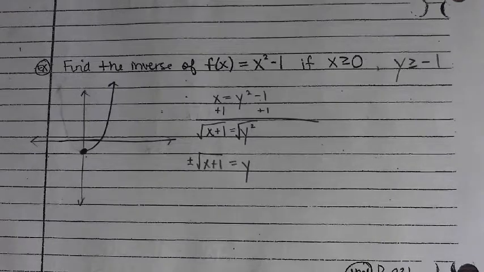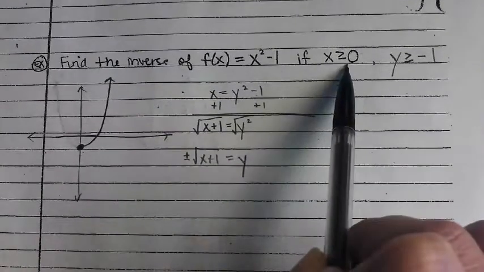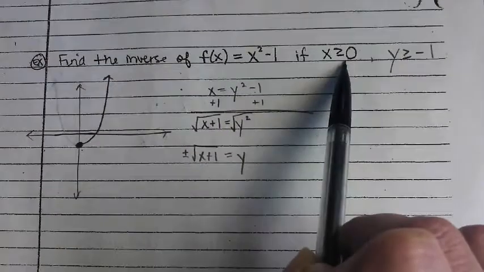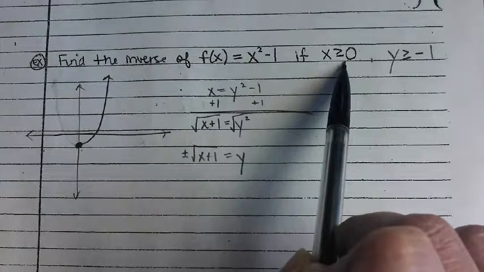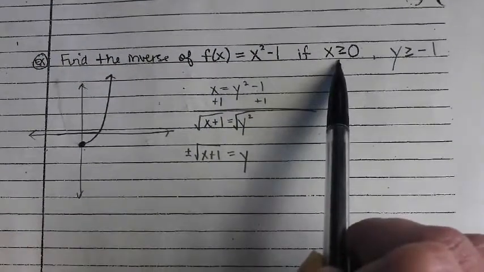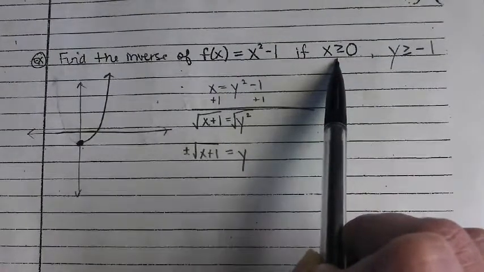But here's the thing about this. This is where that deeper level of thought's going to come in. On our original, x had to be greater than or equal to 0. So what does that mean for our inverse function? If on the original x has to be greater than or equal to 0, what does that mean on our inverse?